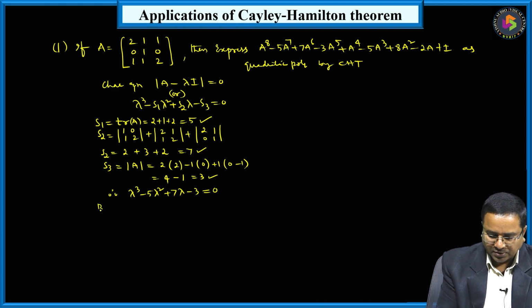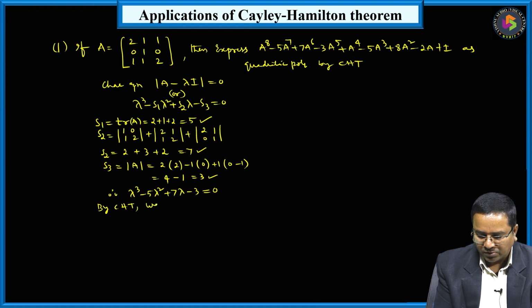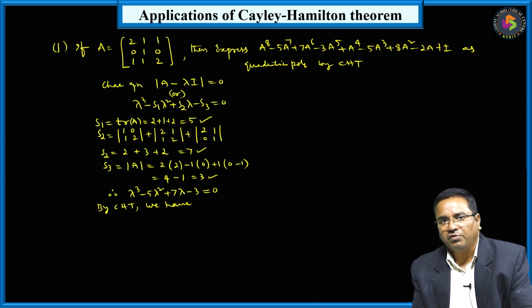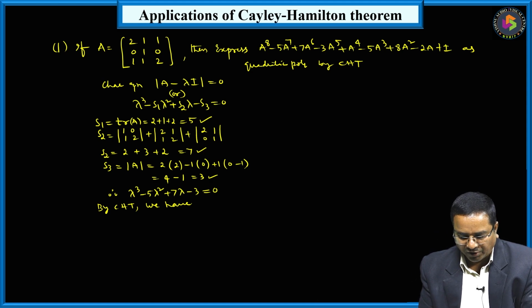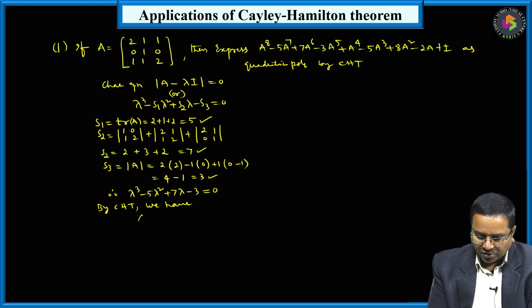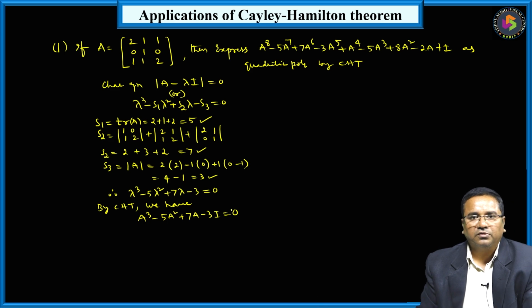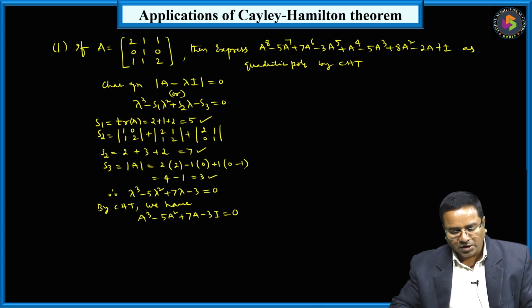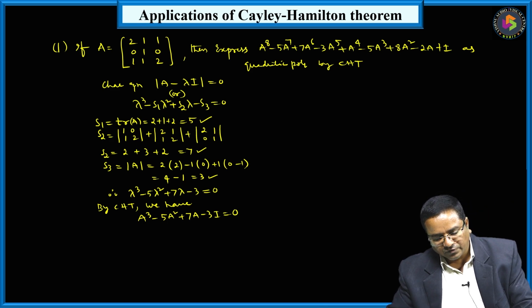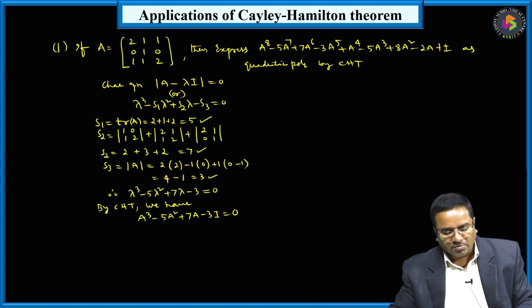By the Cayley-Hamilton theorem, every square matrix satisfies its own characteristic equation. So therefore we have A cube minus 5A square plus 7A minus 3I is equal to the null matrix.